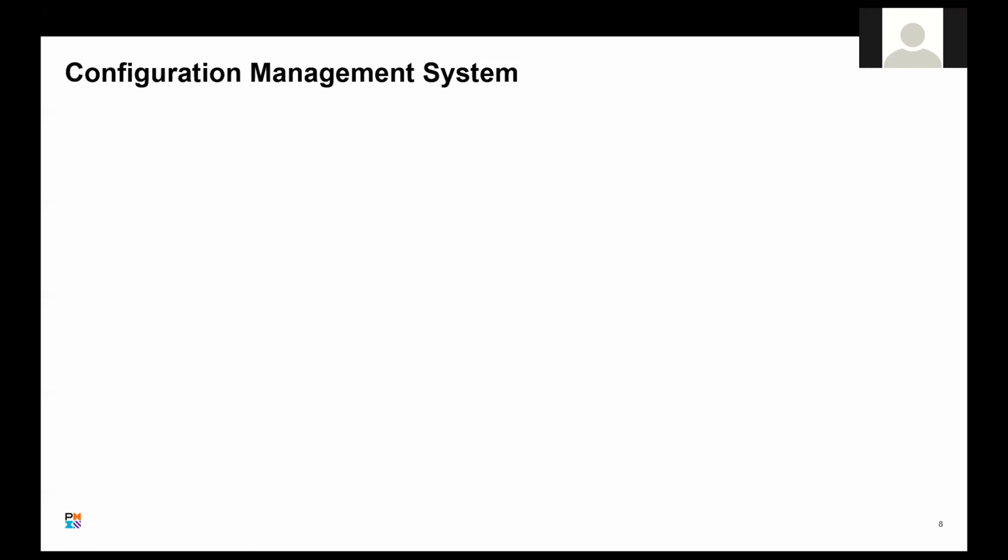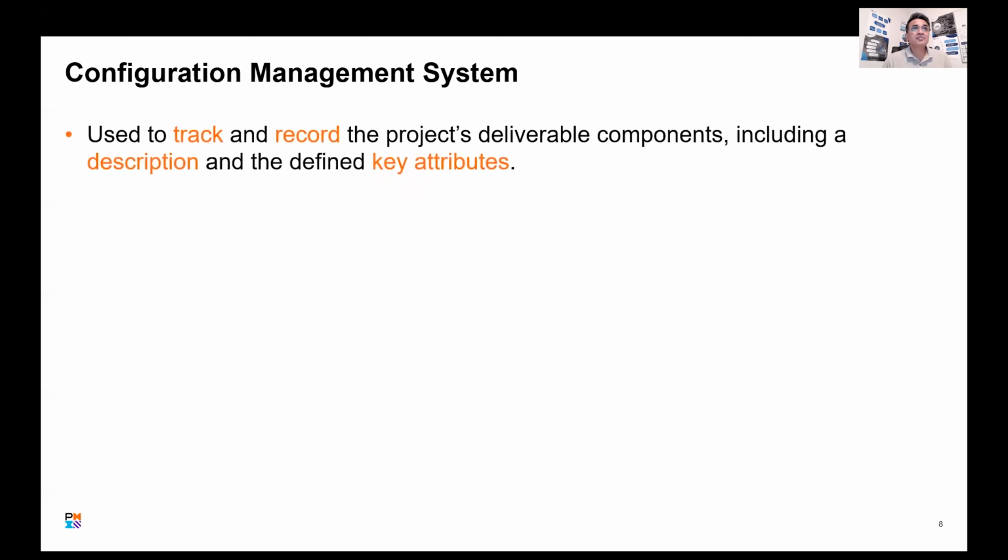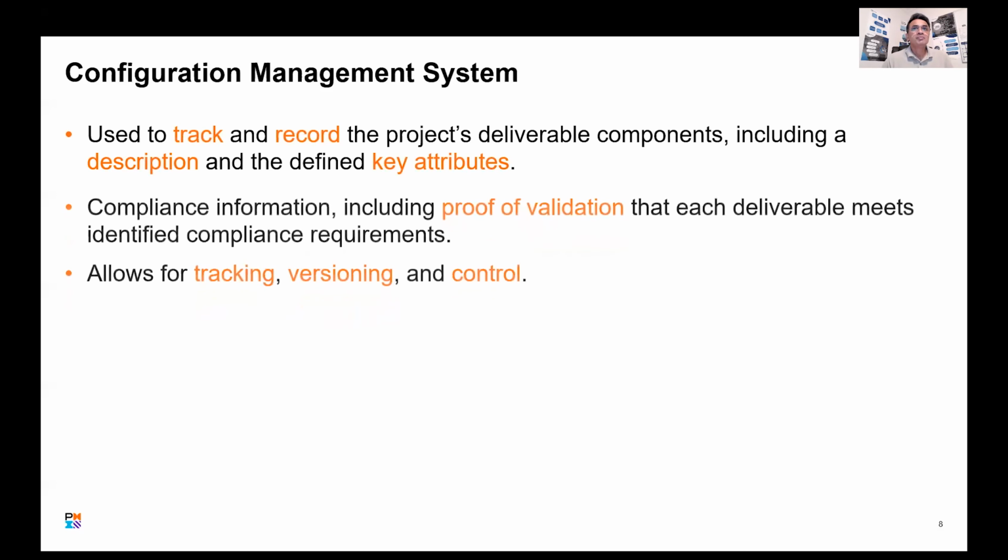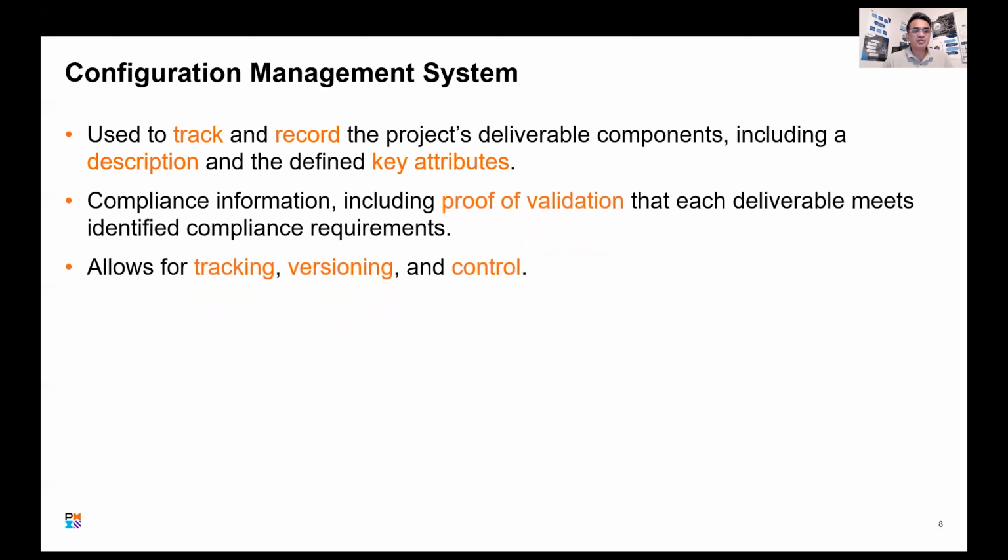What do we use for a configuration management system, guys? Is this about tracking the project deliverables? Yeah, but what is it for? Changes. What's the key thing? Documents, version controlling. Want to make sure that all the documents are version controlled.